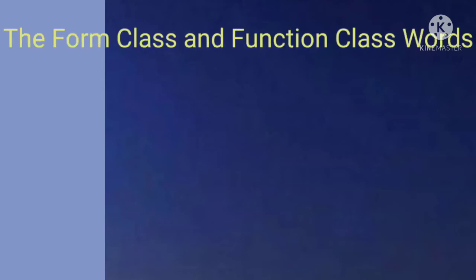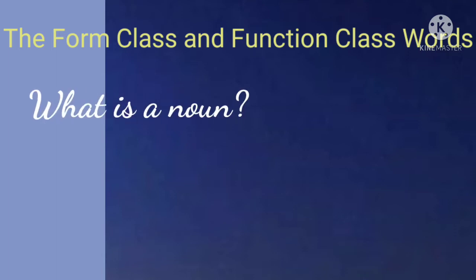Now, I would like to begin our next topic in grammar, that is the detailed study of the form class and function class words. First, I would like to say something about the nouns in English. What is a noun?